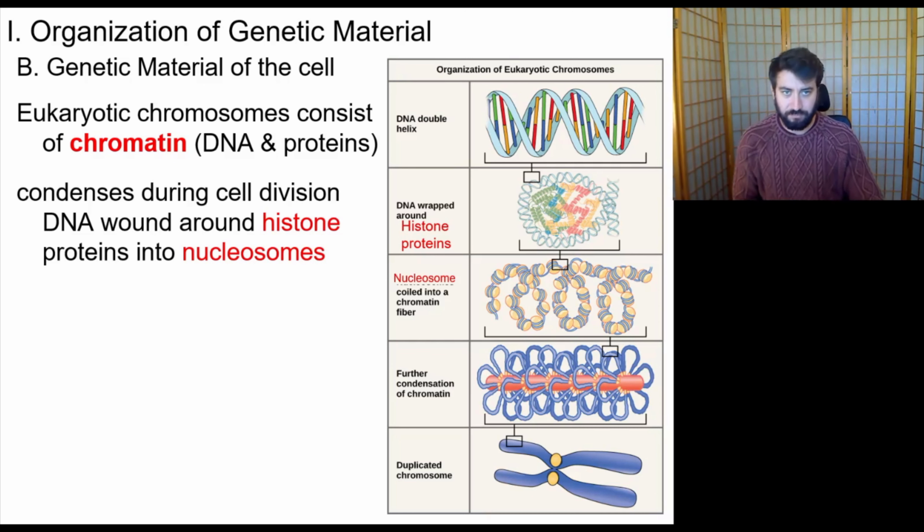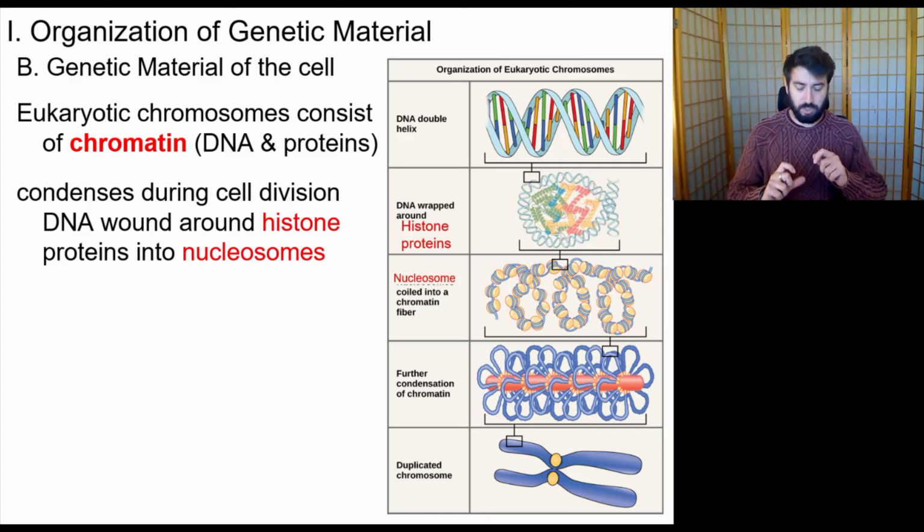Now, during cellular division, to make it easier to move things around, we actually condense the DNA by winding it around these histone proteins. Almost like winding it around the thread of a bobbin, right?